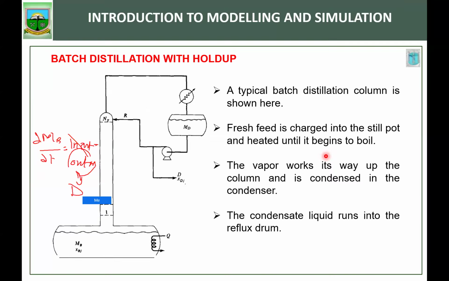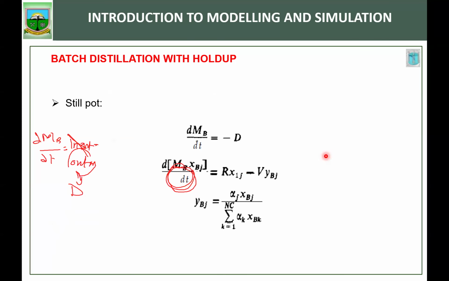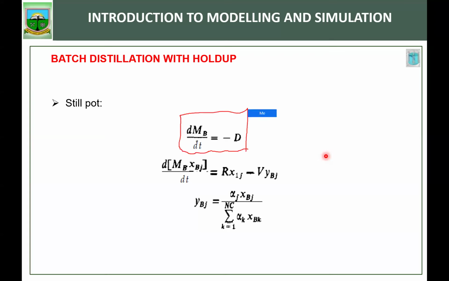So the accumulation is equal to input minus output, but there's no input term. It's going to be only the output term. That's why the total mass balance equation in the pot for the system is equal to this, and it is negative because we are withdrawing part of the product out of the system.